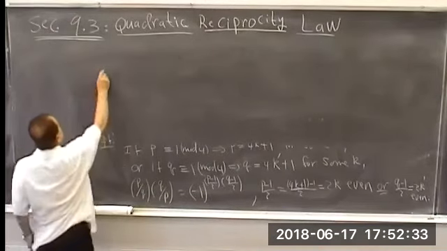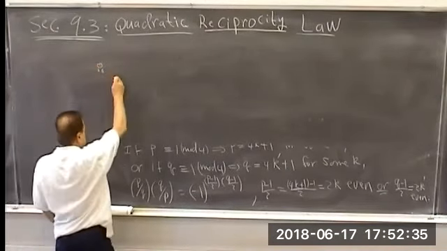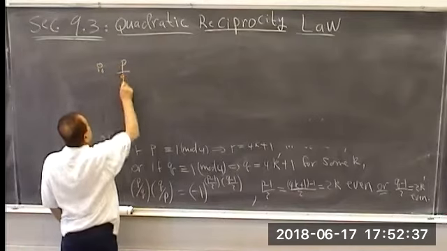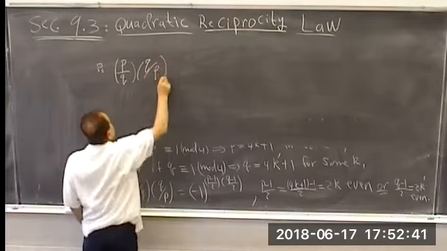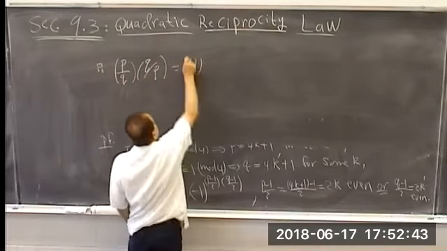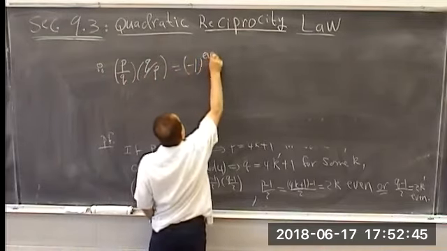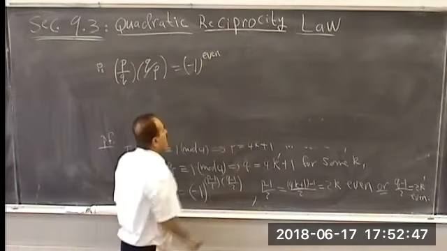So therefore, P over Q times Q over P is minus 1 to an even exponent, and this is positive.